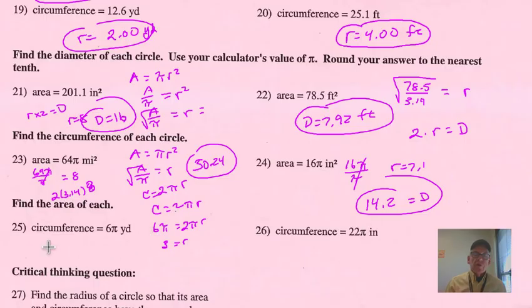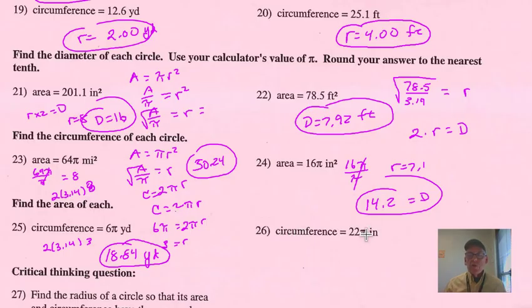So the circumference of this circle is going to be 2 pi r. 2 times 3.14 times r, which is 3. And we get 6 times 3.14, which is 18.84 yards. That would be our circumference for number 25.